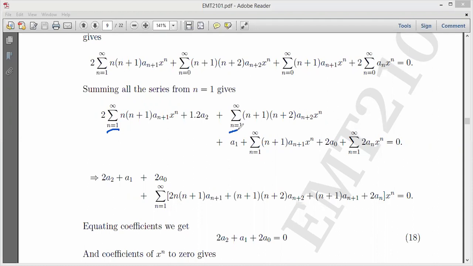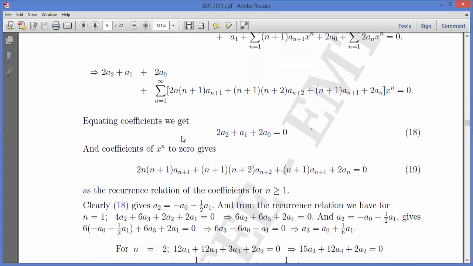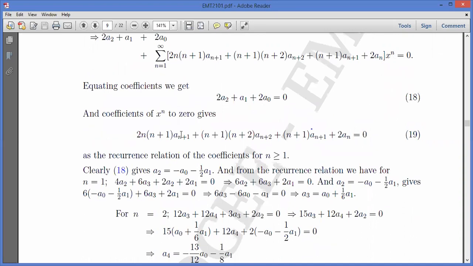Now this one runs from 1, this one runs from 1, and this one runs from 1. Just throw in n is equal to 0. And once you have that, you can now have this whole statement, and we can now simplify this here.